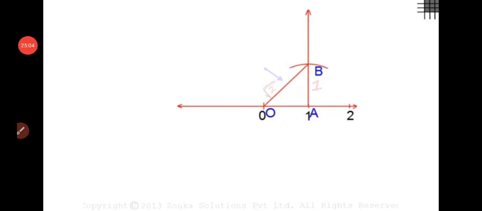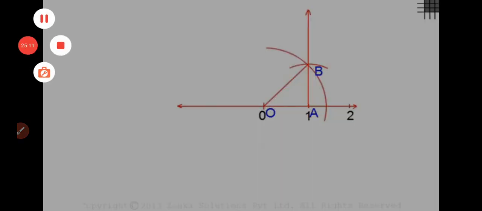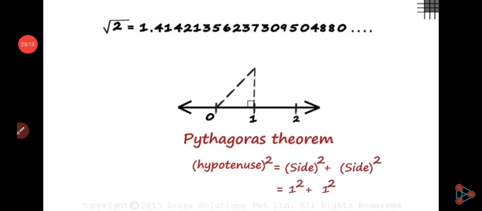Okay, and you can draw root 2 on the number line this way. In this way you can draw any irrational number on the number line. Suppose root 2, root 3, root 4, root 5, root 6, root 7, you can easily draw on the number line.